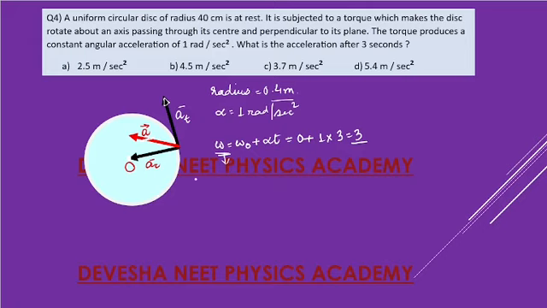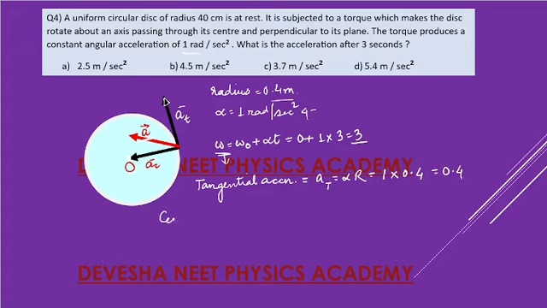Now what is the tangential acceleration here? We need to find out the tangential acceleration. Tangential acceleration At is equal to alpha r. Alpha is given to us as 1 radian per second square, and r is given to us as 0.4, so the tangential acceleration is 0.4.